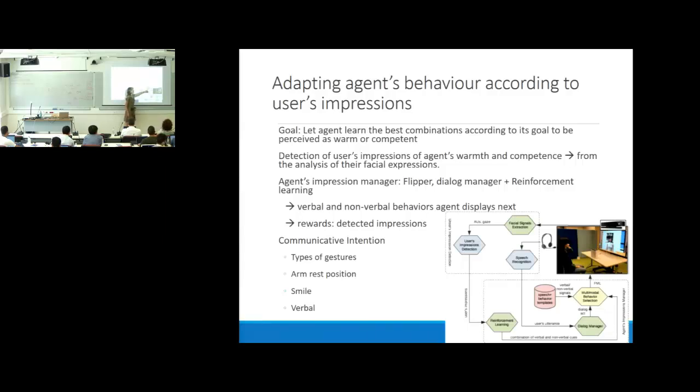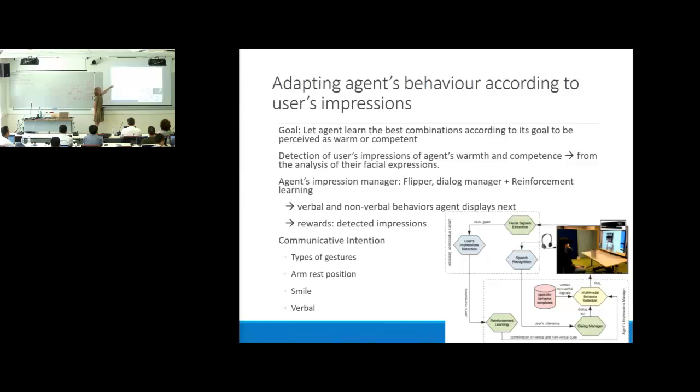From the multimodal data, we can find out how users perceive the impression of warmth and competence of the agent. That study I don't present here because it was conducted by colleagues from the University of Geneva, and they developed such models. So we use them as modules in this study.